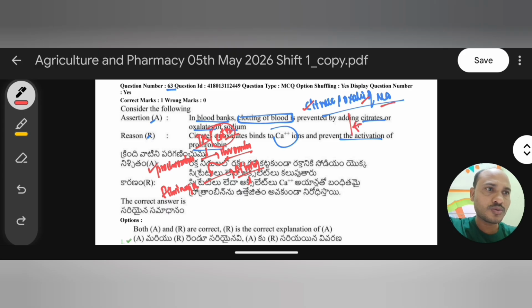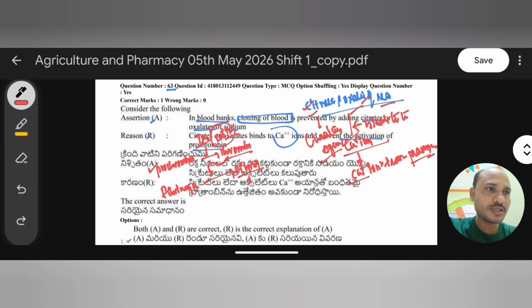These two preservatives are molecules which bind to calcium. Citrate and oxalate of sodium act as chelating agents that bind to the calcium ion, so they remove the calcium ion from the plasma completely.